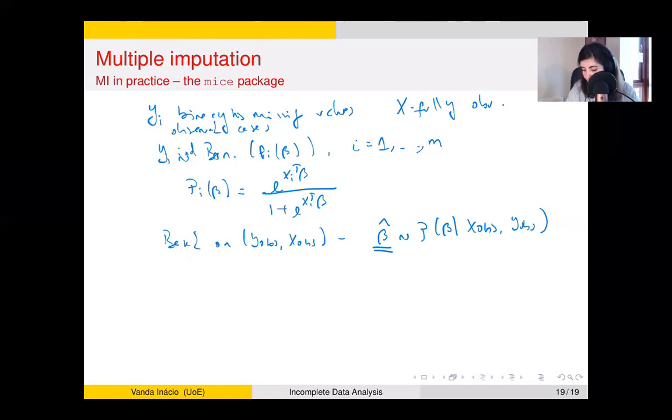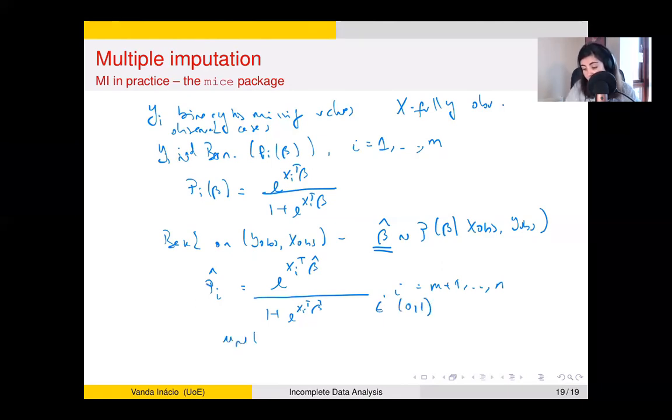what I do is I can come up with my predicted probabilities, right? And I know that these predicted probabilities are between 0 and 1, and then I can generate, for instance, a uniform random number.